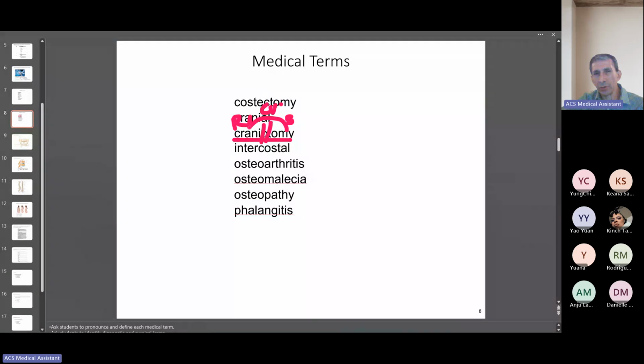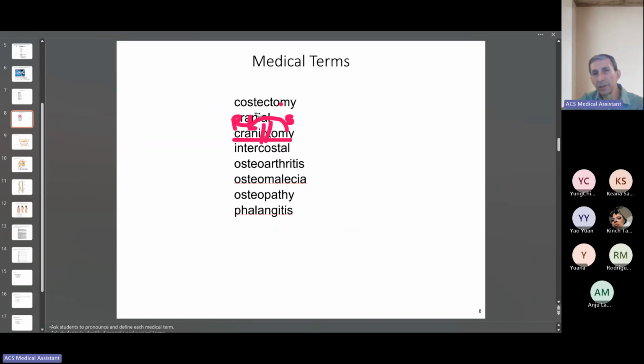An incision to the cranium. Do we do incisions to the cranium? Of course. If you have damage to the cranium due to a car accident, and we need to operate on your brain, we need to cut through and then close it after. So that's called a craniotomy. We cut through.